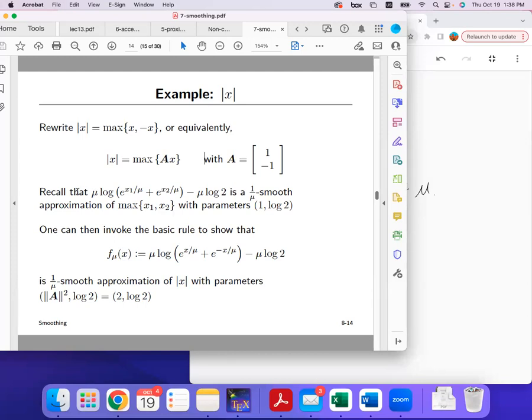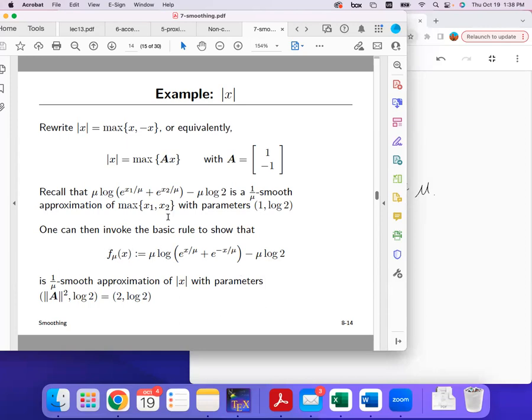Previously we have shown that this is a good smooth approximation of the maximum function. And here we simply have a maximum function subject to an affine transformation. So we can use the affine transformation rule to show that this approximation is also a smooth approximation of the absolute value function with a different set of parameters.